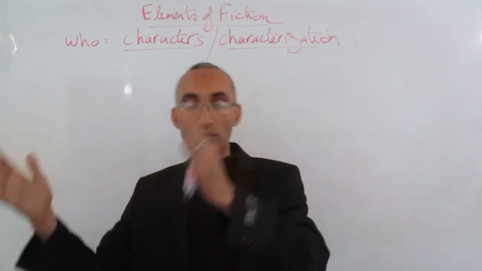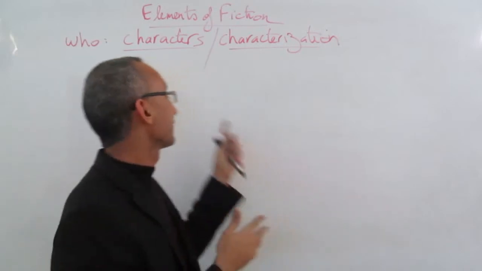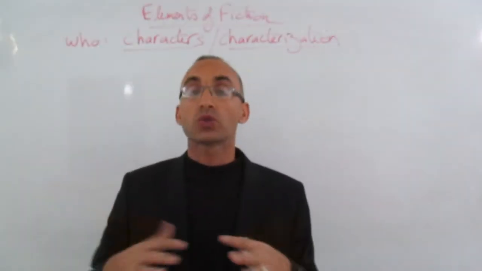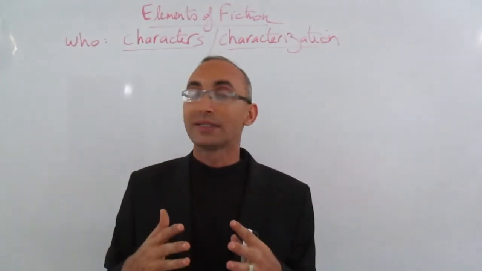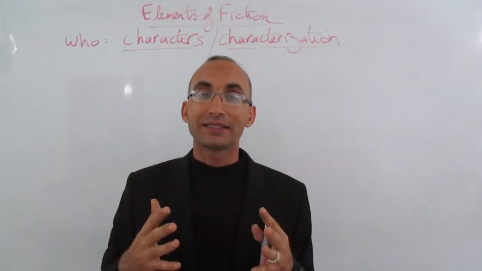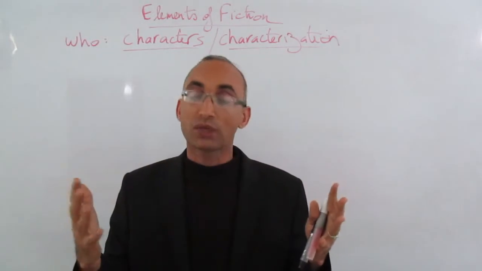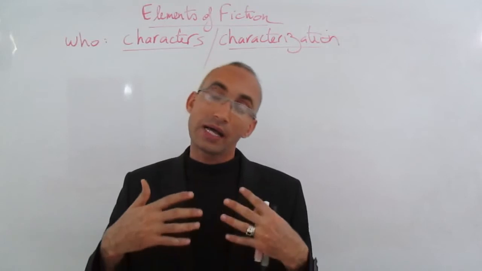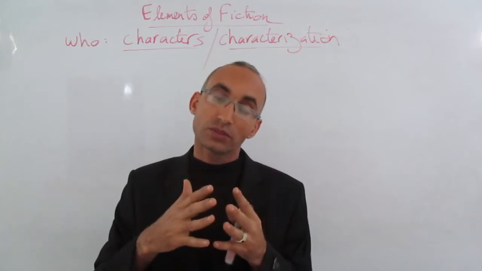On the other hand, we have the other term, which is characters. Now these, as you know, represent usually persons, or acting elements. Most of the time they are persons, and sometimes they are also non-persons.